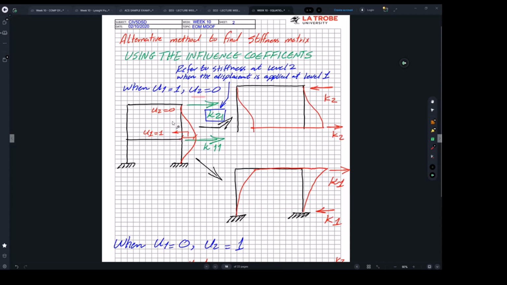Then you just need to imagine, when such an action is applied, how it's going to influence the frame, and you can just draw this red line which represents the influence of such displacement.